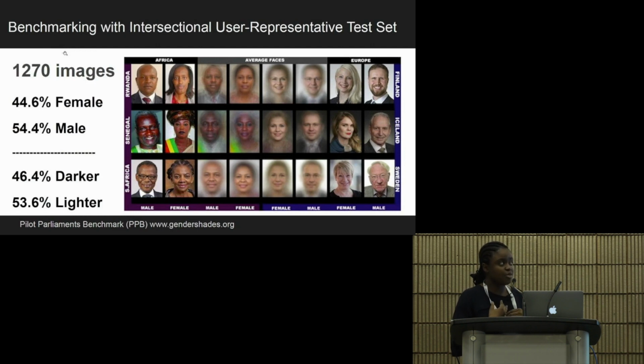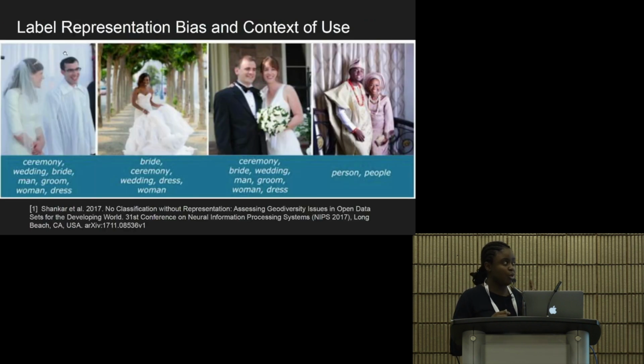You'll notice that this benchmark is balanced in terms of gender, but also balanced in terms of skin type. That means that even if you're serving one, say, black female subgroup, that subgroup is proportionally represented in the benchmark that the model is being evaluated on.